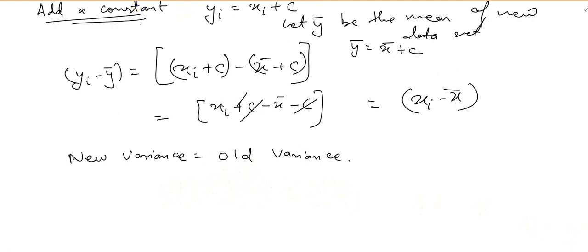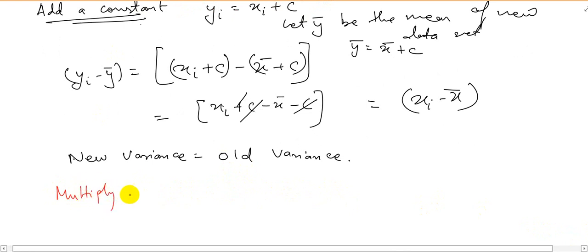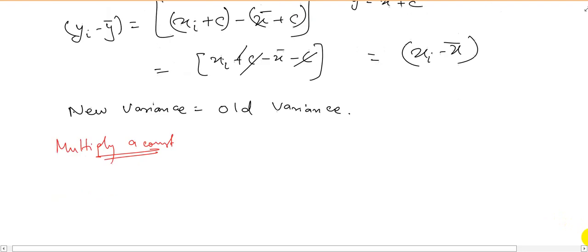Okay, let's move ahead and study what if we multiply by a constant. Again, yi is equal to c into xi. If we want to find the deviation yi minus y dash, then what we get is c into xi minus y dash.